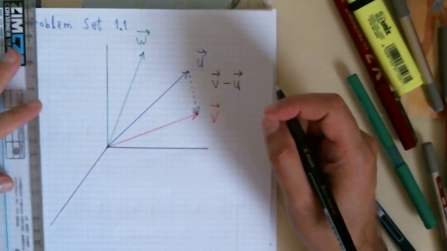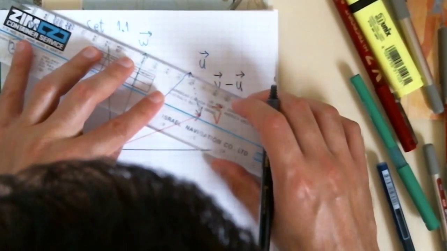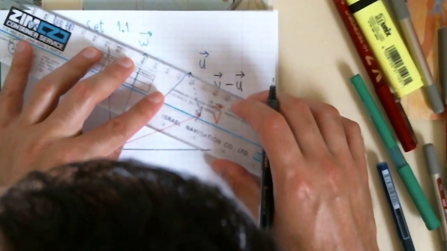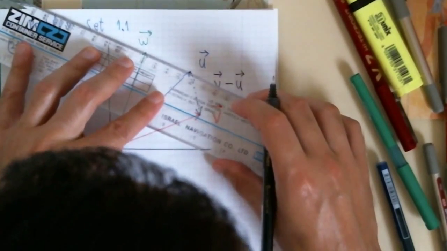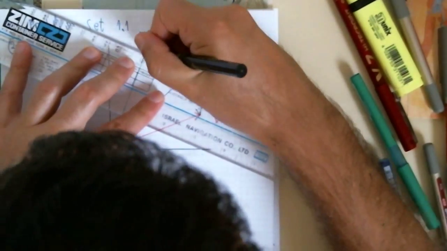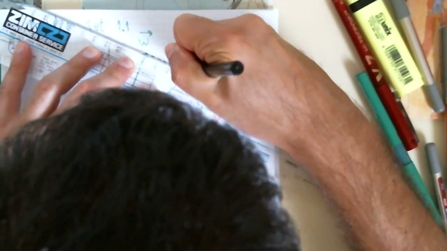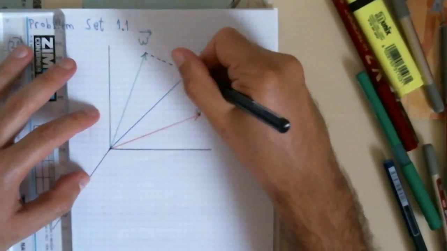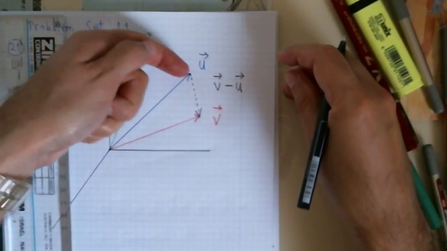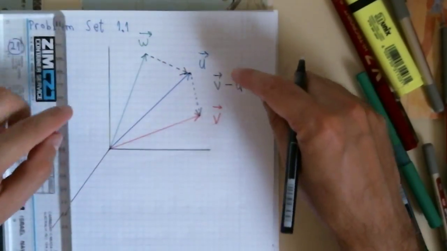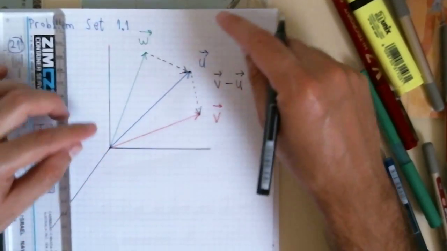And in the same way, we have this short arrow, and we went to w to get to here.